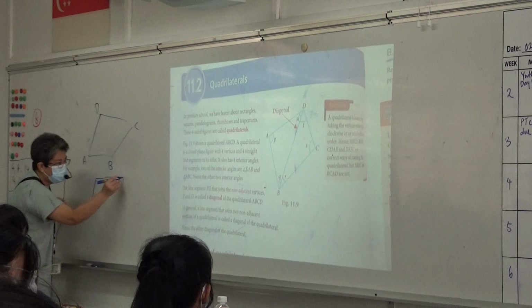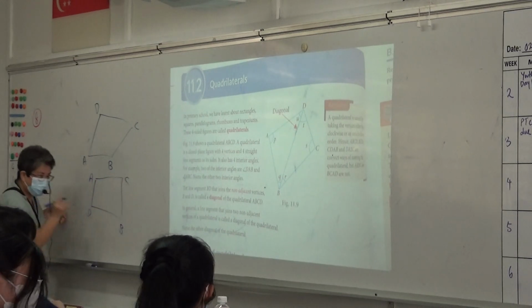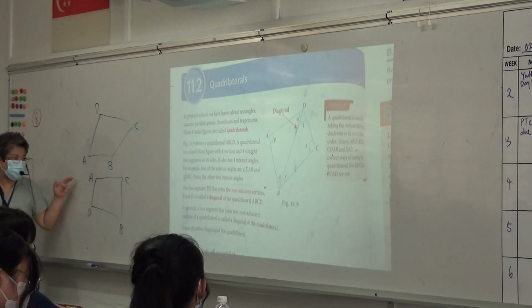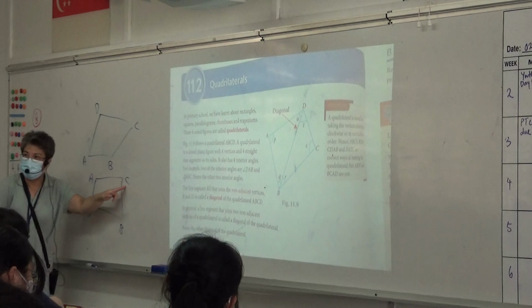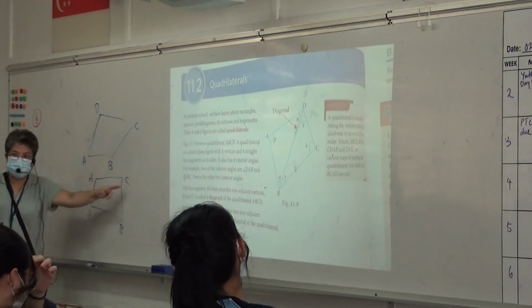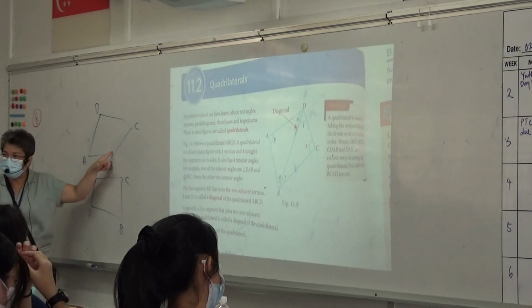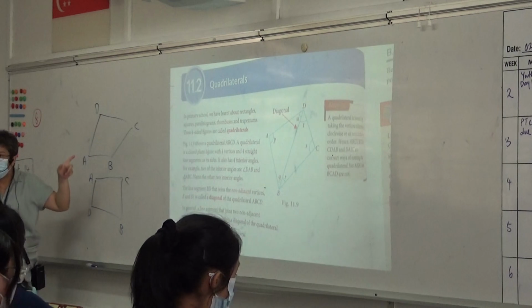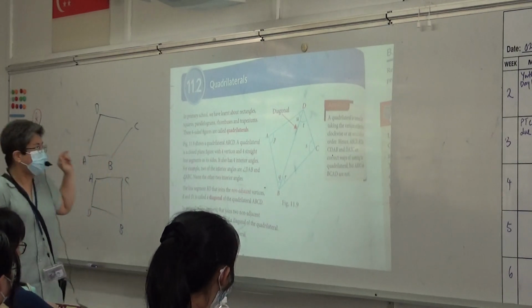Now, if someone labels it like that, also can, but this quadrilateral we call it ABC. When you say, you must say in one round. Understand? You cannot jump vertex. This is called vertices. Okay, the corner, sharp point is called vertices. You cannot jump. Everybody clear? Either clockwise or anti-clockwise. Okay?